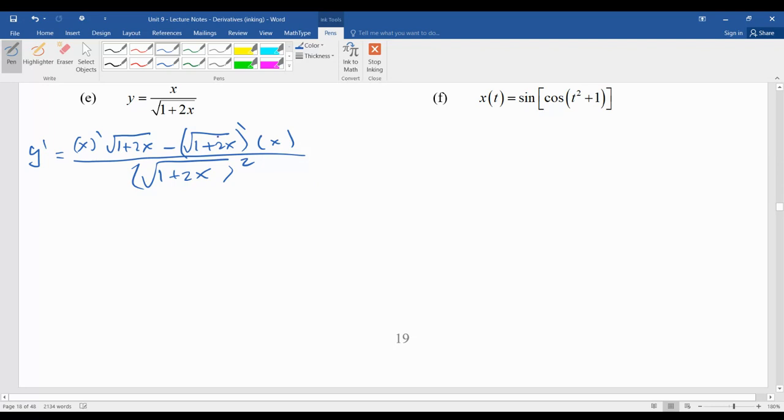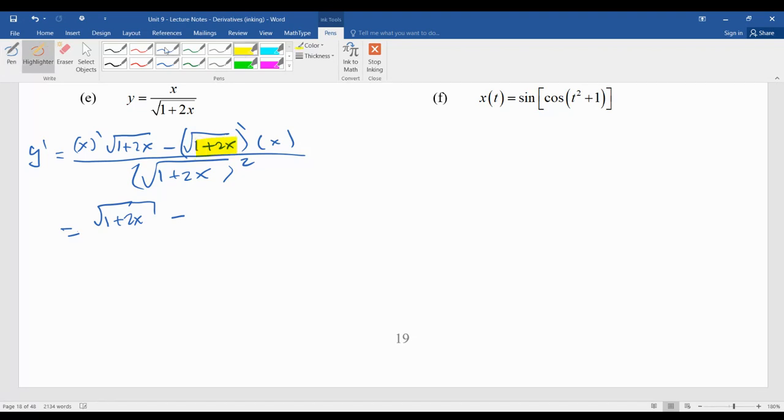Okay, good. Now, the derivative of x is 1, so there is no need to write a 1, times the square root of 1 plus 2x. Now, the derivative of the square root of 1 plus 2x, well, you need a chain rule here, but we're just going to use a shortcut, which is the chain rule.